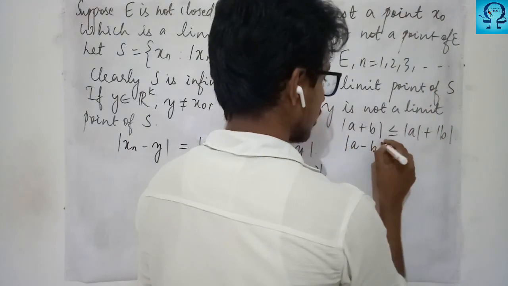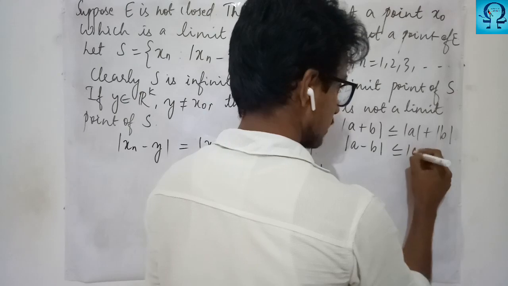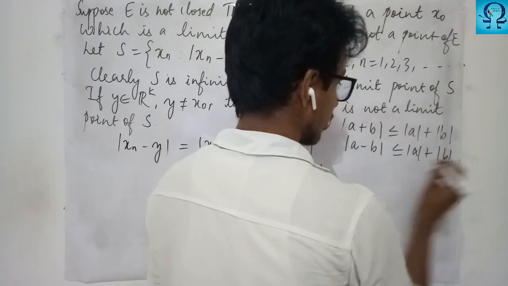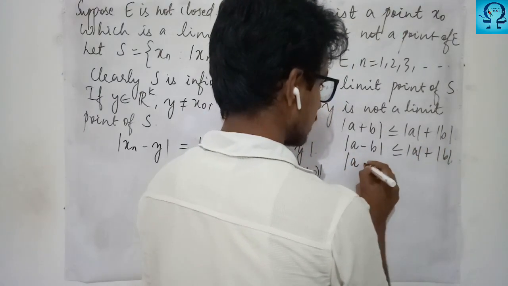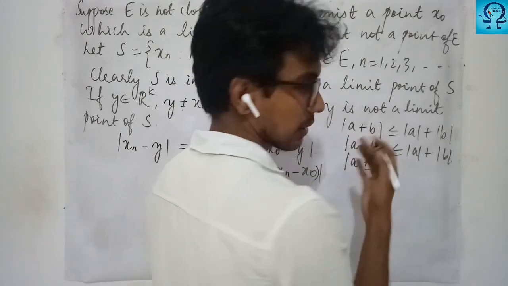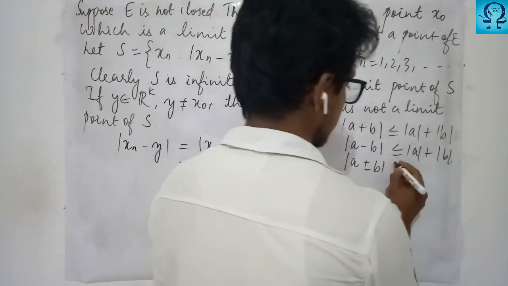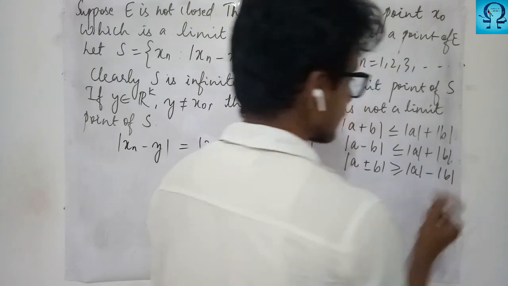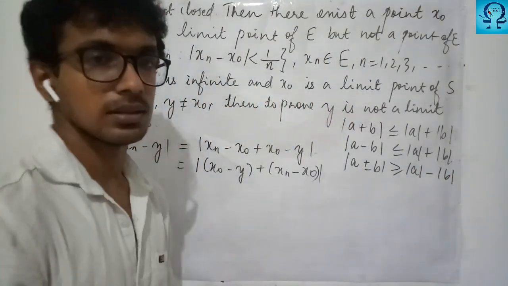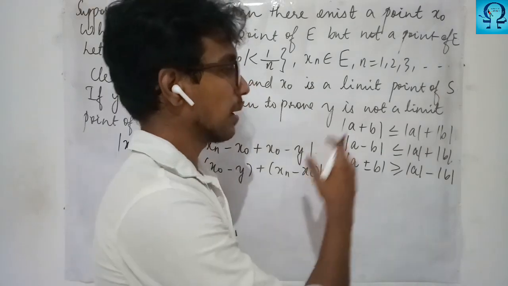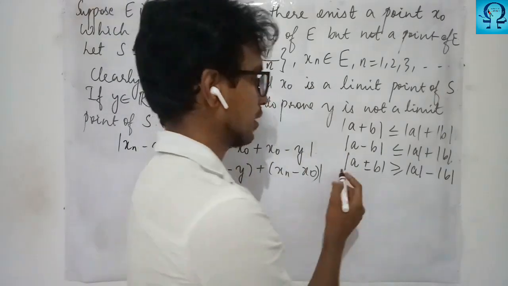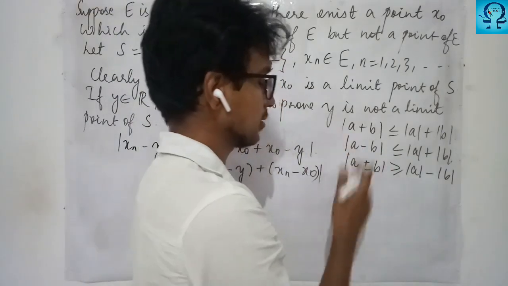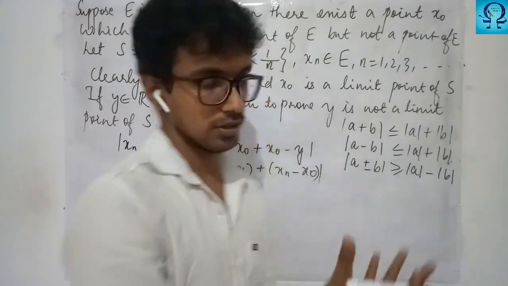Similarly, absolute of a minus b is smaller than or equal to absolute of a plus absolute of b. It is bigger than or equal to absolute of a minus absolute of b. It is one of the results, right?